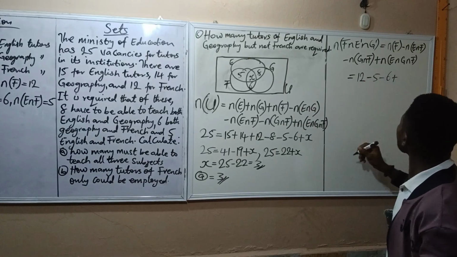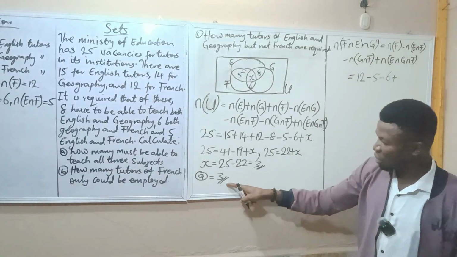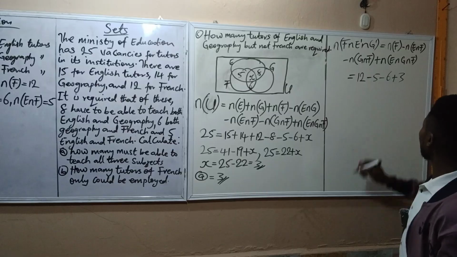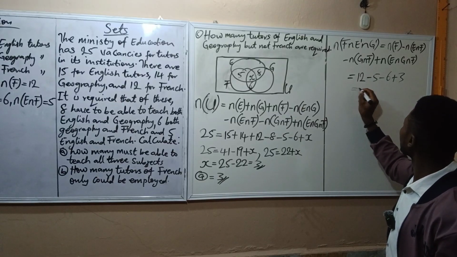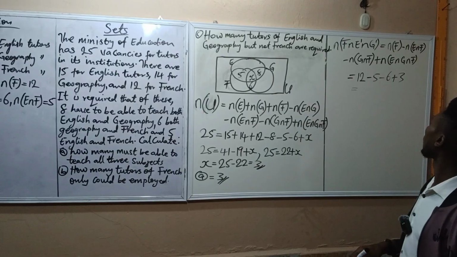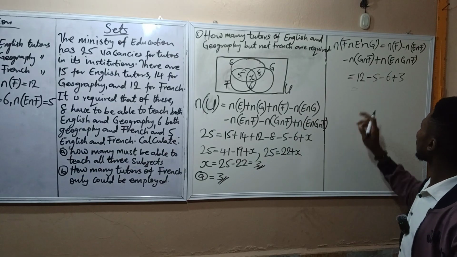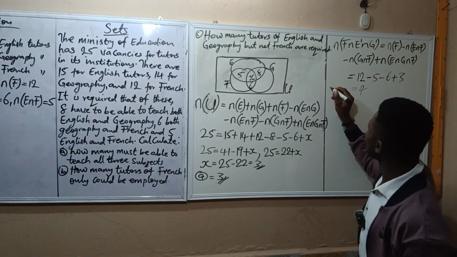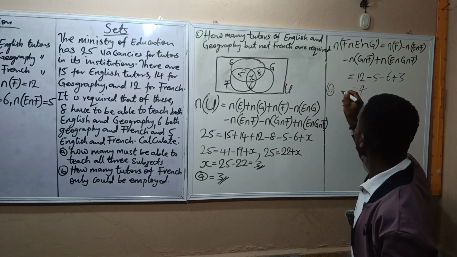And then plus the number of all of them, which is this 3, the number of E intersection G intersection F. That is 3. And this is equal to minus 6 plus 3 is minus 3. Minus 3 minus 5, that is minus 8. And then 12 minus 8, that is 4. That means B is equal to 4.